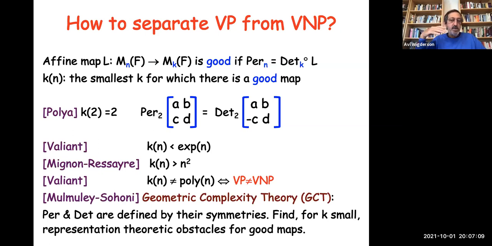Using symmetries and looking at the orbits of these polynomials under linear action on the variables, which is what we are allowed to do in these affine reductions, they try to find representation theoretic obstacles for the existence of good maps if K is too small. And I'm sure some of you know much more than me about the status of where this stands in technical terms.